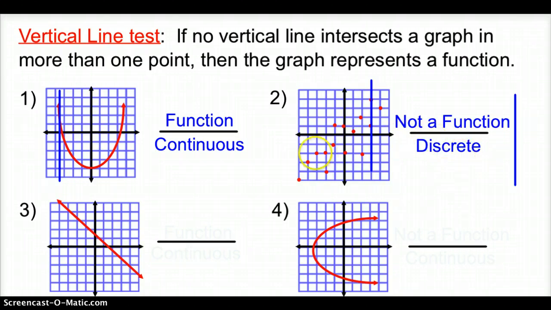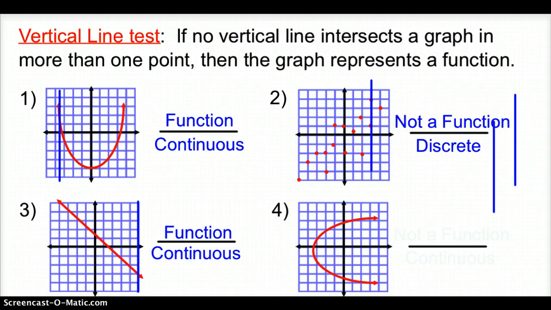It is a discrete relation. Now going to number 3. Does it pass the vertical line test? Can I place this line through any 2 points of the graph? I cannot, so since I cannot, it is a function. What kind of relation is it? It is a continuous relation.